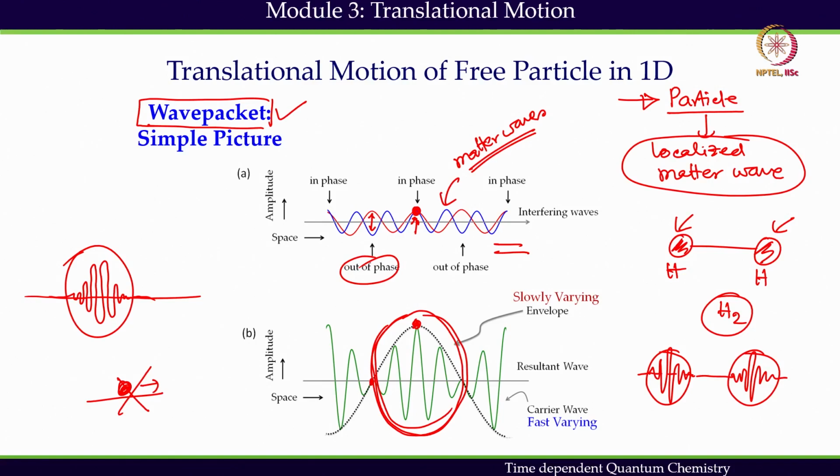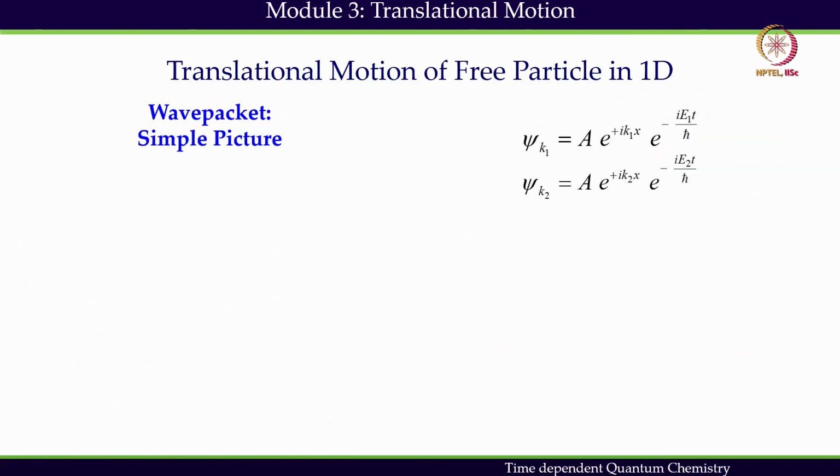So, we will try to understand this mathematically, and we will follow the same thing. Here I will write down that optical pulse. What is an optical pulse? We presented it in the first module. An optical pulse is localization of electromagnetic wave in time.